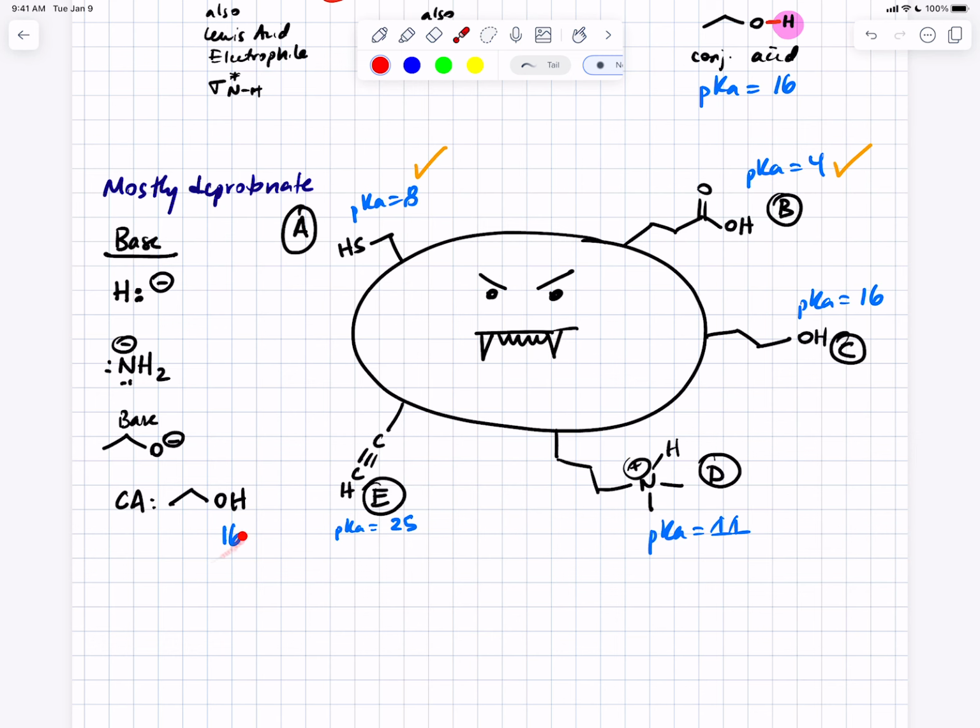I would give you a base that's got a pKa that's a little bit higher than that, so it's just not a problem, right? So if the question said mostly deprotonate, where mostly deprotonate means greater than 50%, I'd put no on that list, okay? 11 versus 16, sure. 25 versus 16, no. Get it? Okay, good.